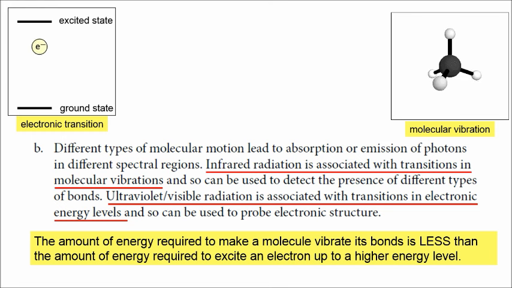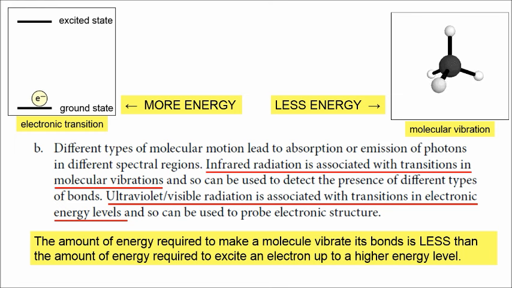So the amount of energy required to make a molecule vibrate its bonds is less. The amount of energy required to excite an electron up to a higher energy level is more. So we're looking for either ultraviolet or visible for the electronic transition, and we're looking for infrared radiation for the vibration. Let's go back to the question.